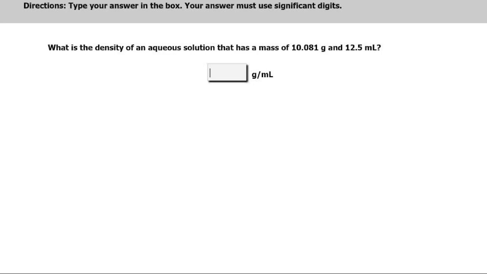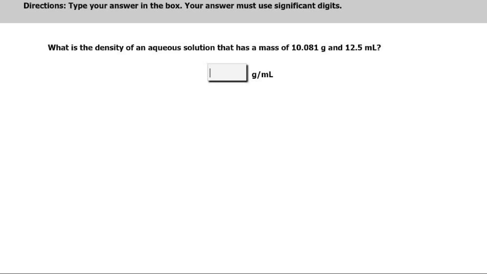This is the last example we're going to do for this video, and then the next one we'll pick up after this. What is the density of an aqueous solution that has a mass of 10.081 grams and 12.5 milliliters?